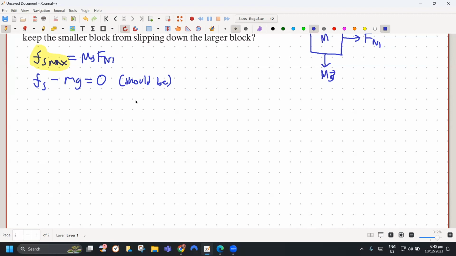Teka, are you writing on paper? Ah, hindi niyo po nakita. Paki-refresh. Yung sa external kasi, ang nandyan na equation, Fs minus mg equals 0.